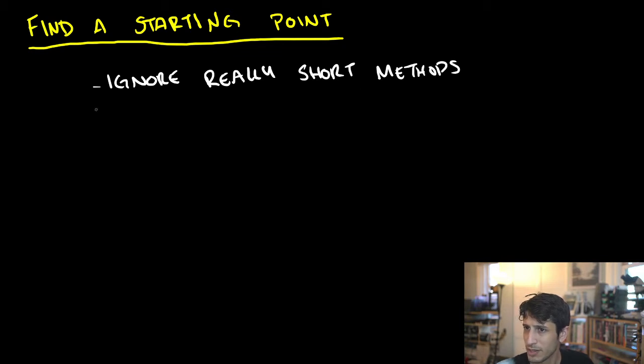Look for higher level things. Oh, sorry. Actually, we have one more before that, didn't we? We also had ignore private methods, if your language has that, or in Python, underscore methods.